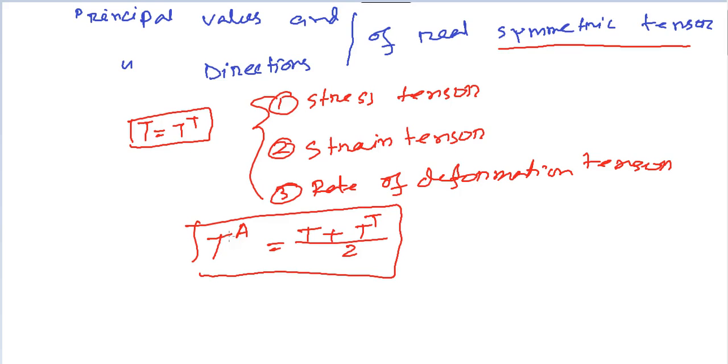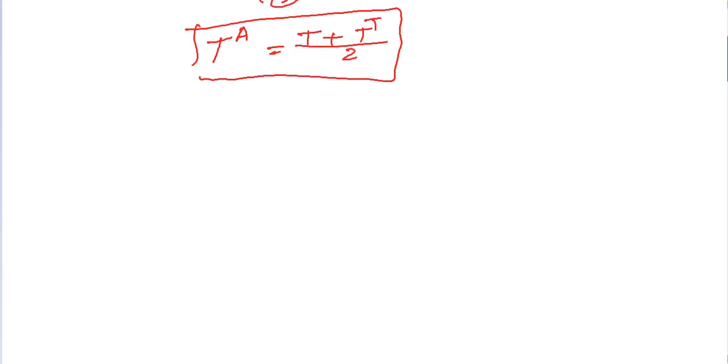We would prove that we find three principal directions for three dimensions and two principal directions for two dimensions. I'm going to give you an example in two dimensions because three dimensions is so complicated. If you understand the two-dimensional case, it will be easier to understand the three-dimensional one. So we first go to the two-dimensional example.